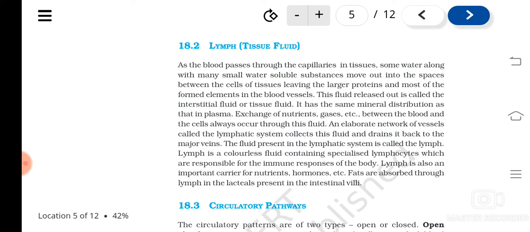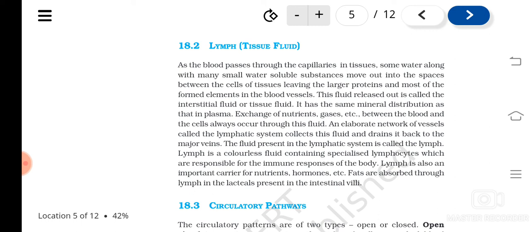Its mineral distribution is the same as that of the blood plasma. Various materials are exchanged between the blood and the cells, so the tissue fluid acts as a medium between the blood and the cells.